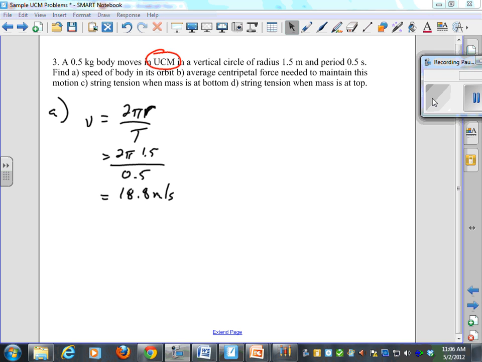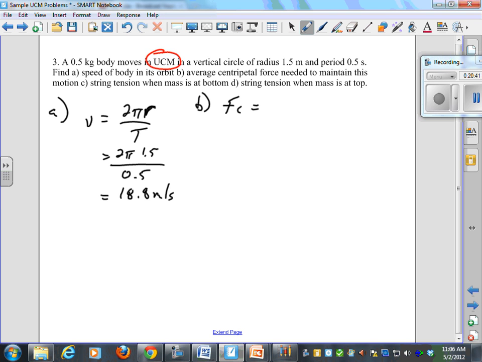Now, to find the average centripetal force needed to maintain this motion. So we're talking here Fc equals mv squared over r. So 0.5, the velocity is my 18.8.